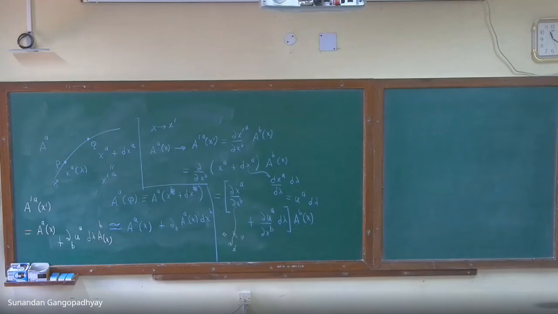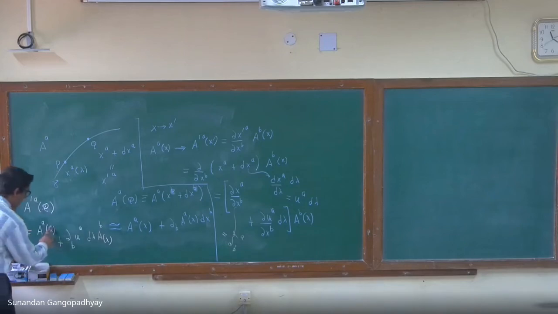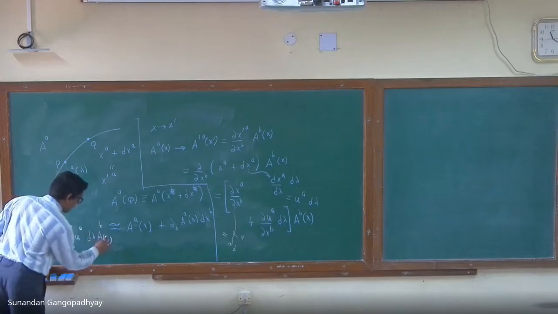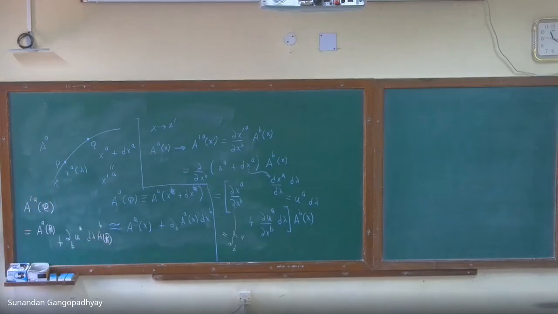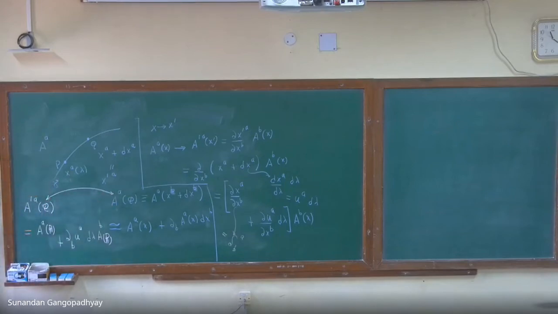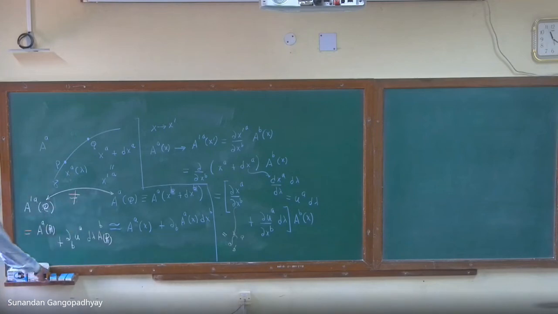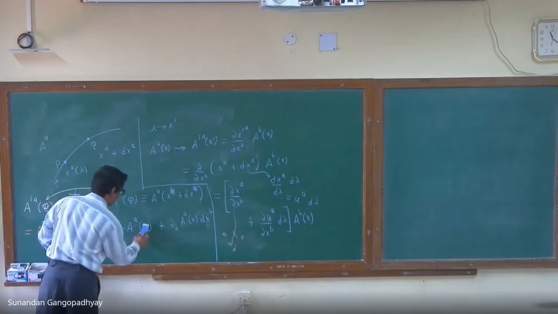Obviously, you can see that A^a at Q and A prime^a at x prime, which is also Q, are different. X prime is Q, x is P. These two objects are not equal; you can see the structure.